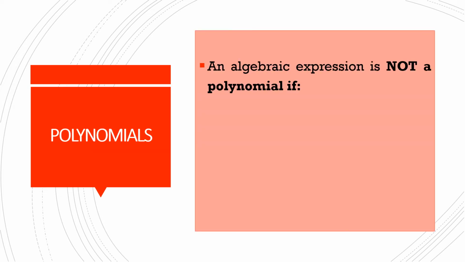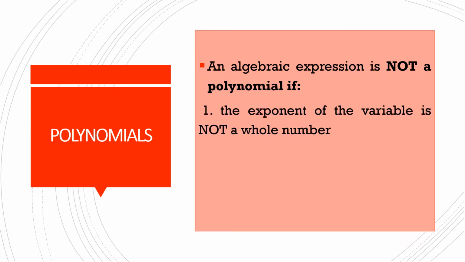For an algebraic expression is not a polynomial if the exponent of the variable is not a whole number. So if the exponent is not a whole number, for example, it is a fraction or an irrational number, we do not consider that as a polynomial. As well as if it is a negative exponent. So that is not a polynomial.